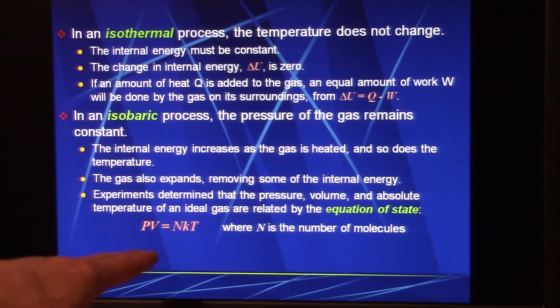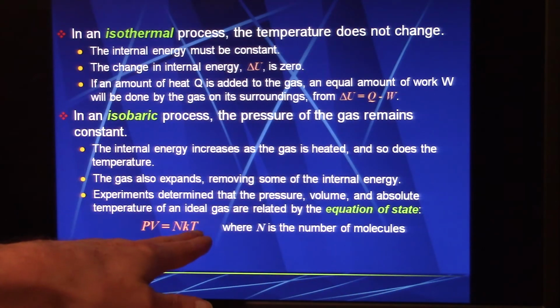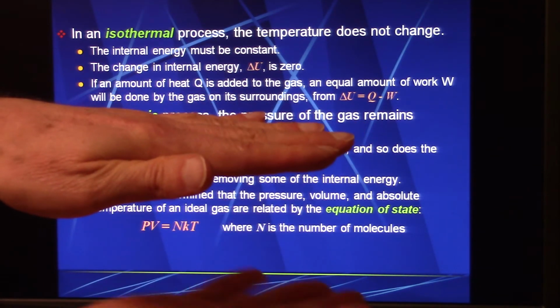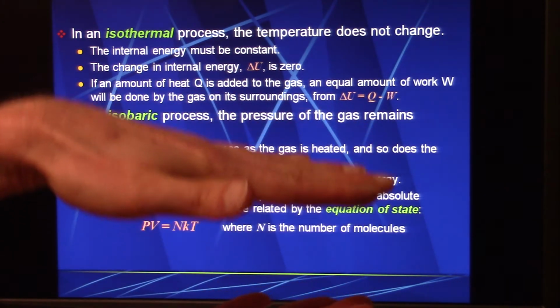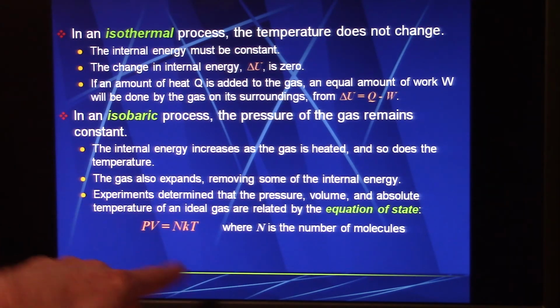Now, if it was a system with a piston, and you increase the temperature, well now, as it gets warm, that gas will heat up, and then your pressure would increase, but then your volume would increase as well. So pressure and volume are related to temperature. They're all related to each other.